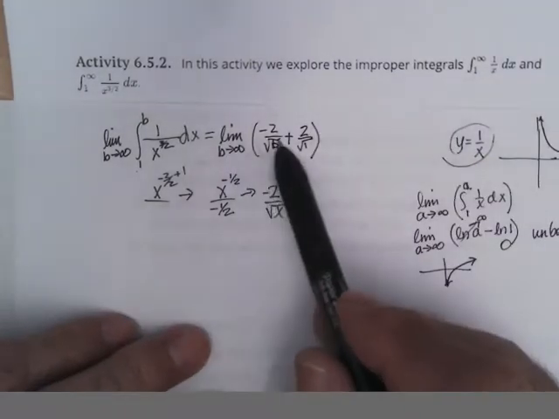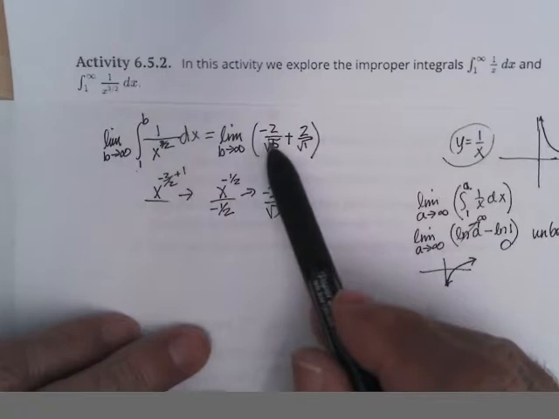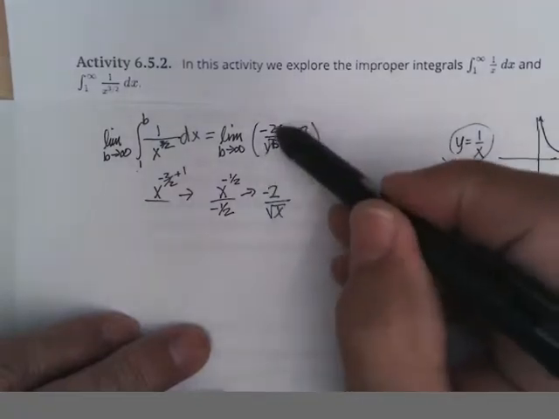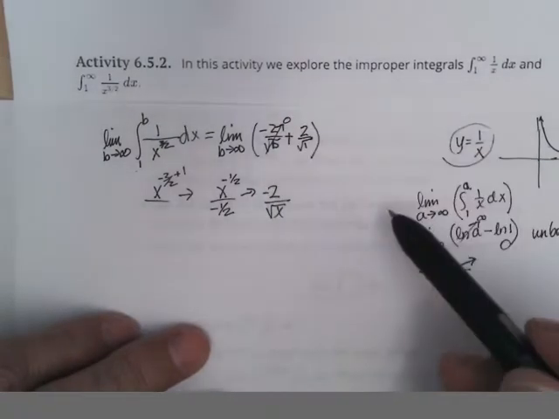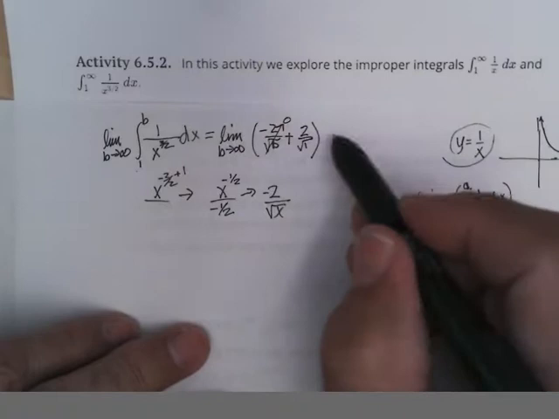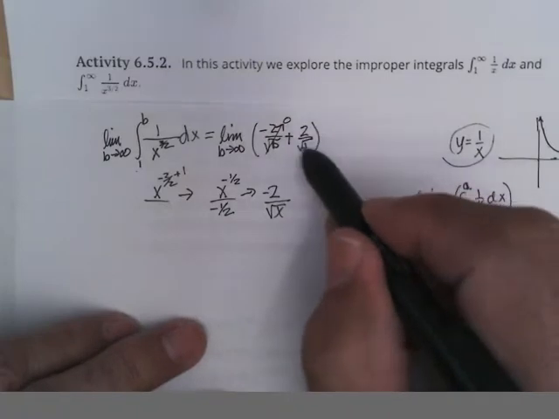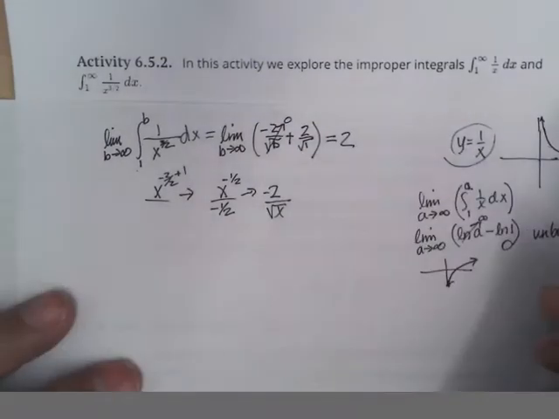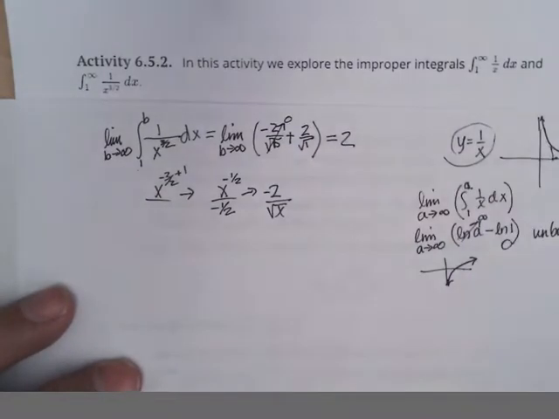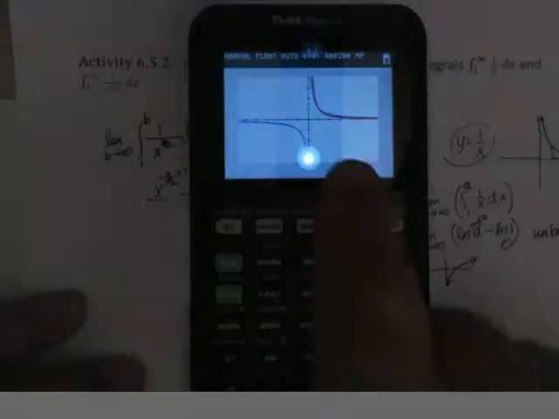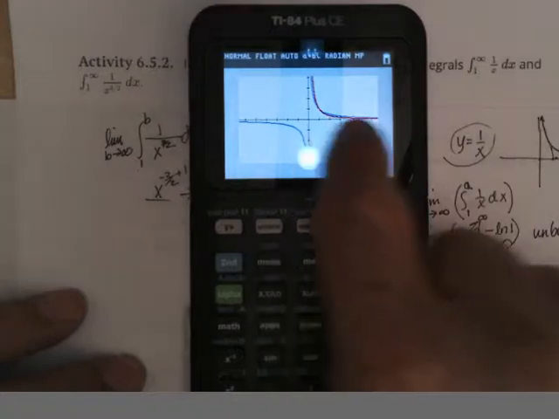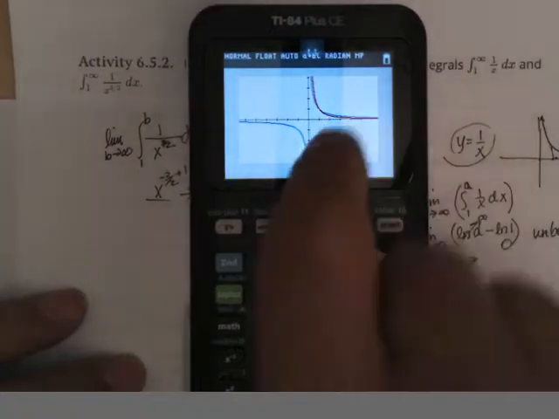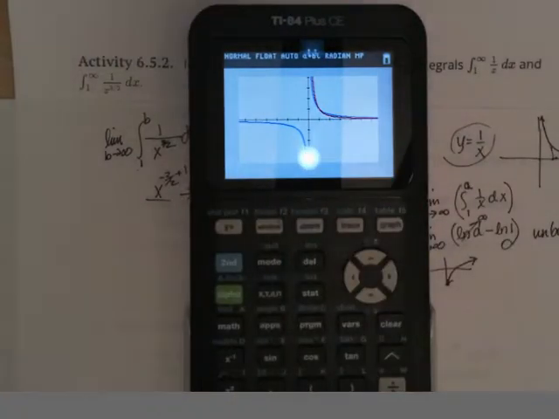Well, as b goes to infinity, this denominator will go to infinity, so this whole part will go to 0, and this part will be what I get for my answer. 2 over the square root of 1 is just 2. So the area from 1 to infinity under the red curve adds up to be 2.